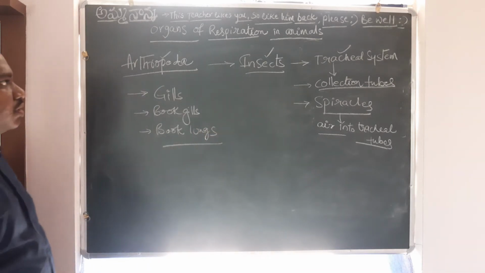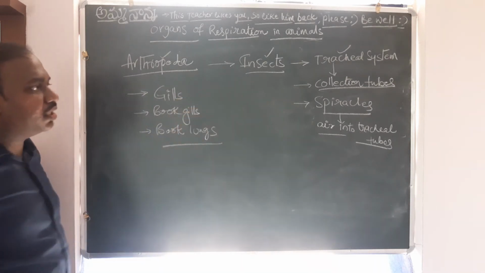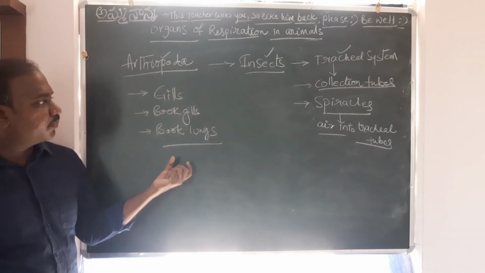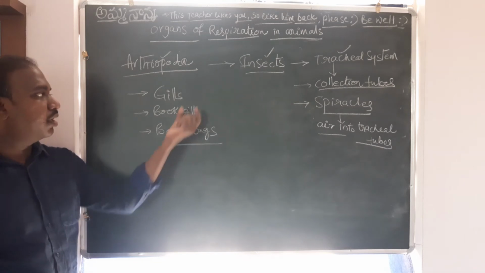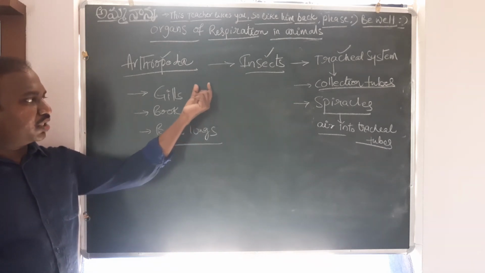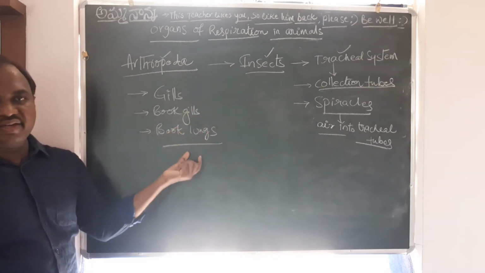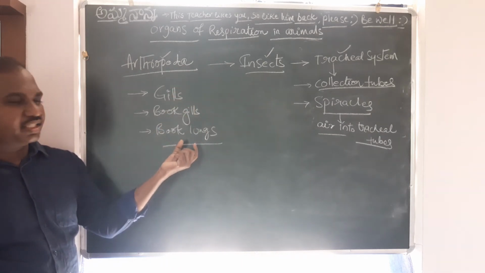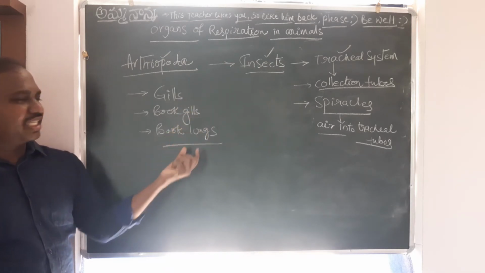Is there any difference between all of these? Strictly speaking, you don't find any difference, only slight differences in the form of arrangement. But essentially, all these are the same.